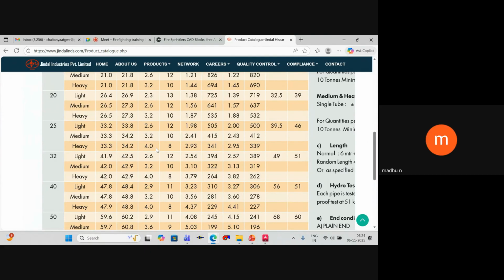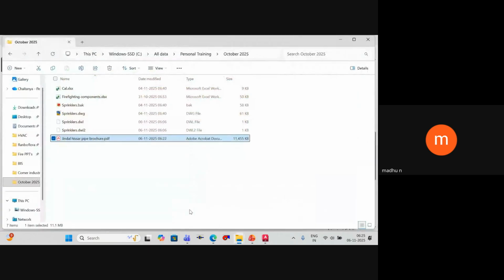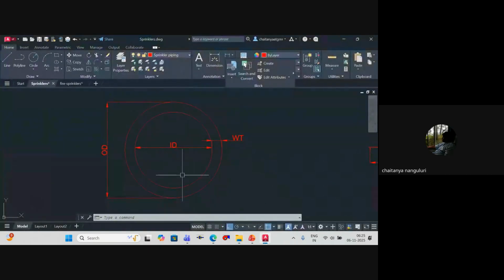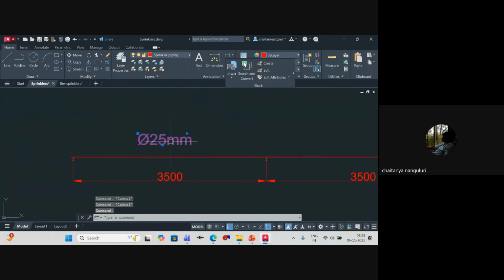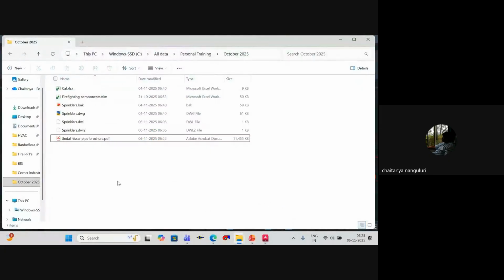Shall we mark the internal diameter? I'll write the internal diameter here. 25 is your nominal diameter. 25 is a representative diameter; it's neither your inner nor your outer diameter. So let's do the calculations once again.